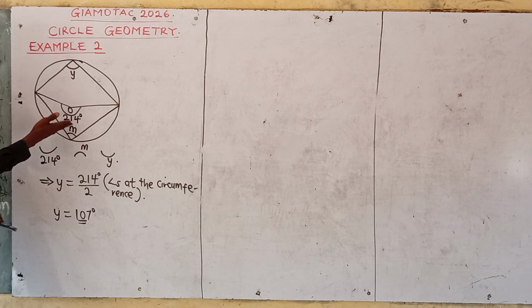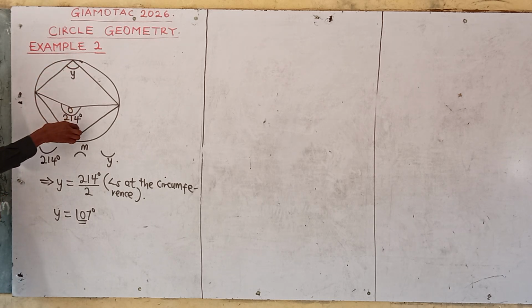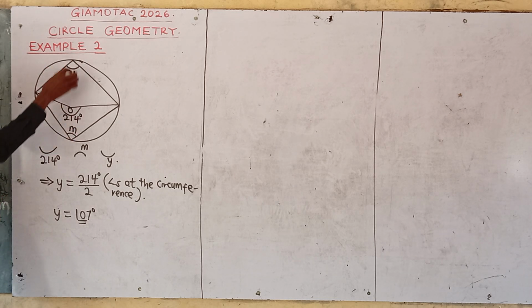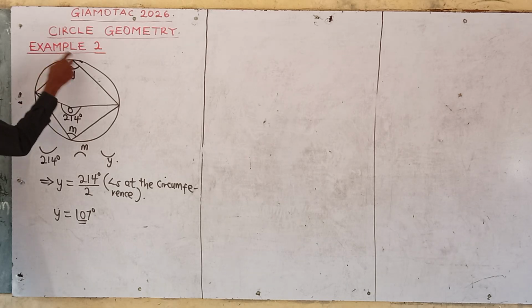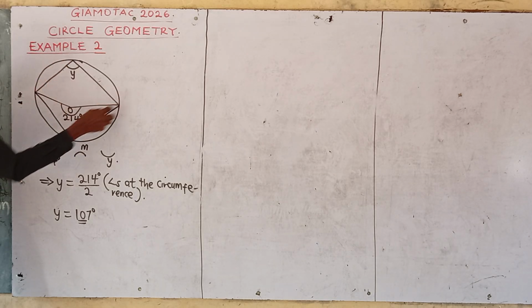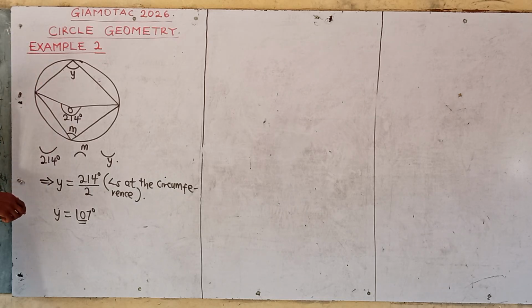From here, I can now find my m. Look at your y and look at your m. They are opposite to one another, both touching the circumference, and it is a quadrilateral shape. This implies that y plus m will give me 180. Which law is that?